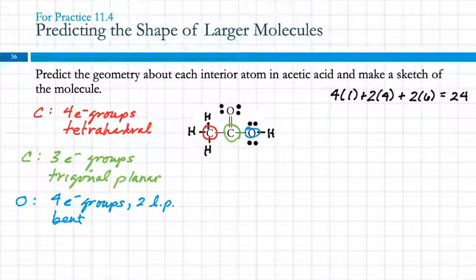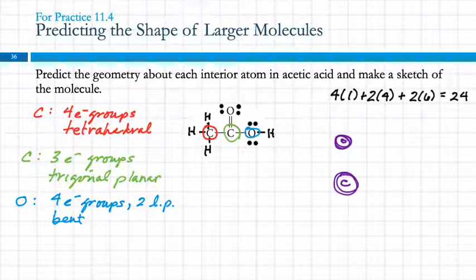And then it says sketch it. So sketching something like this, you want to put as many things as possible in the plane of the paper. Minimize the stuff that's sticking out and behind. So I'm going to start with that carbon in the middle, and that's trigonal planar.